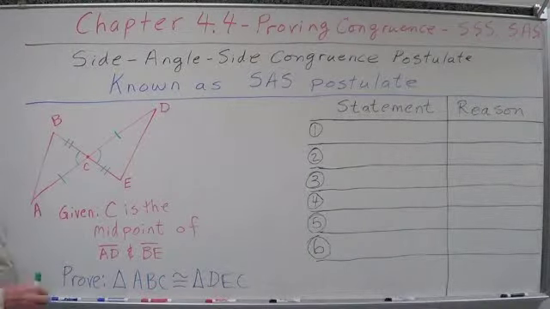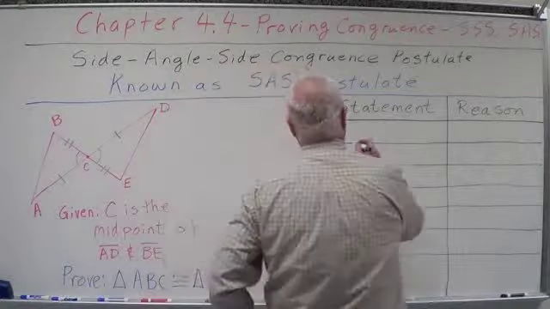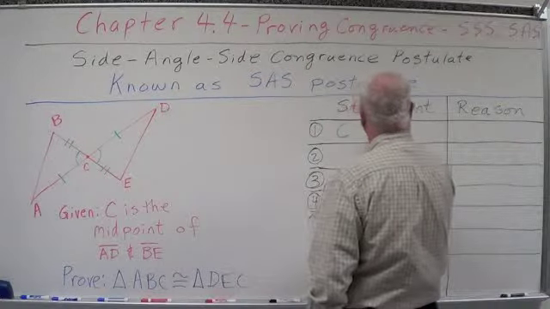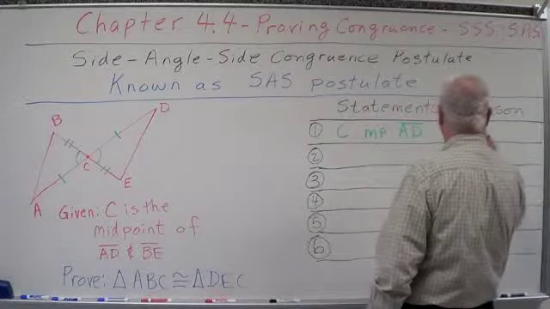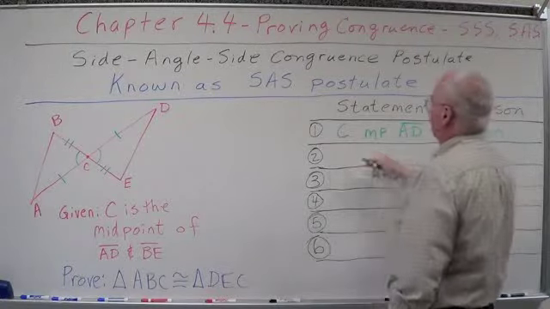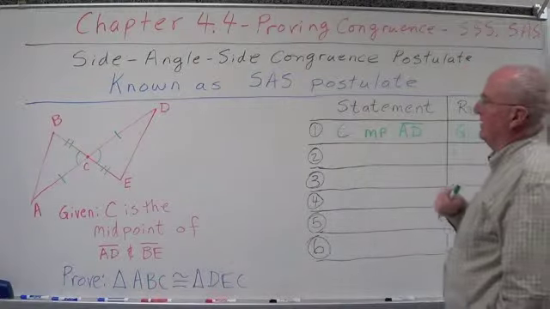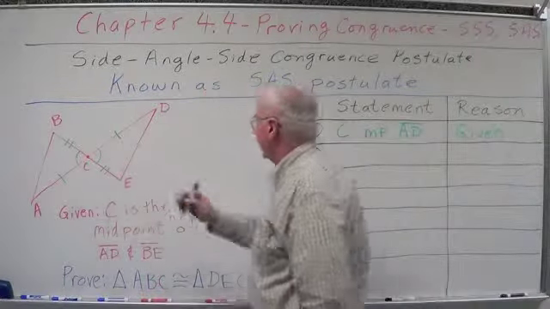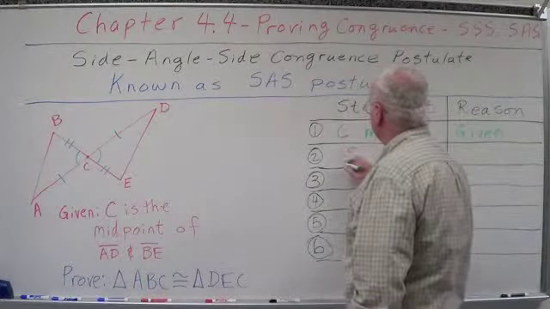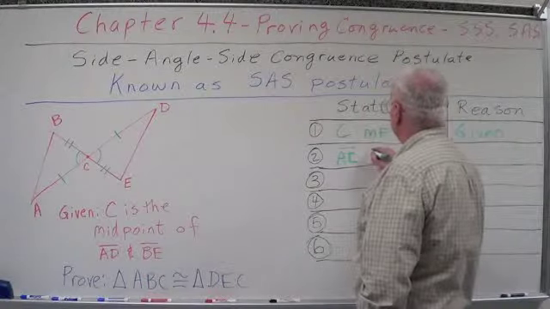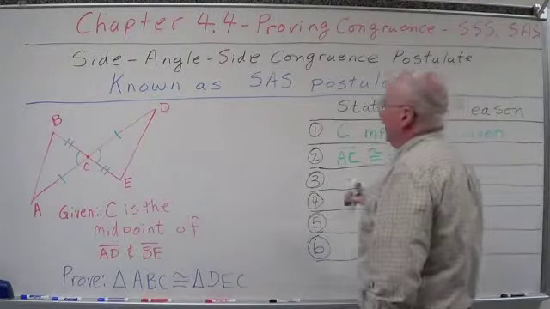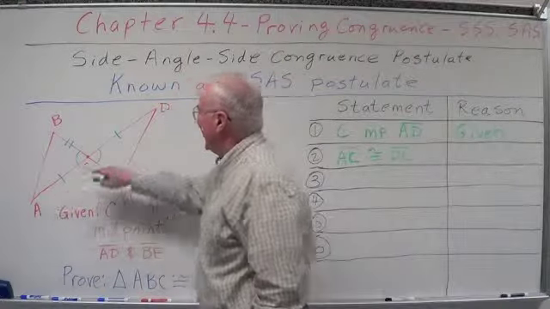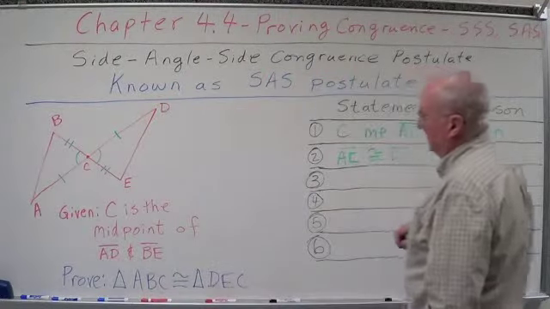So let's prove it. Number one, what are we going to do? C is the midpoint of AD. Why? Given. What's the result of C being the midpoint of AD? Well, we just said that segment AC is congruent to segment DC. And again, why did I say DC? Because A and D are corresponding.